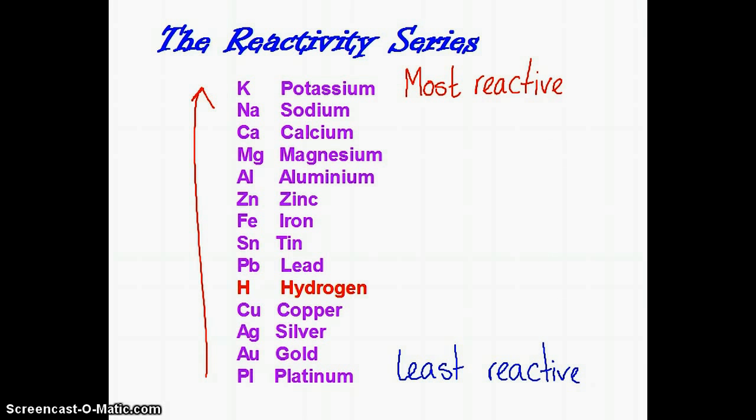As you can see, potassium is at the top of this series and platinum is at the bottom. Everything that is higher than hydrogen on this series is going to react with an acid. And here's magnesium, much, much higher than hydrogen, and therefore going to be able to displace hydrogen from any acidic solution.